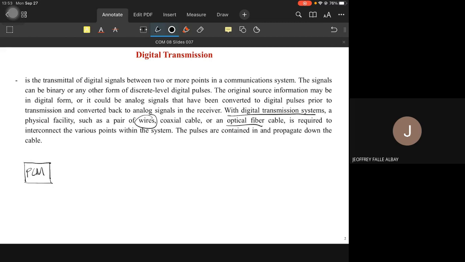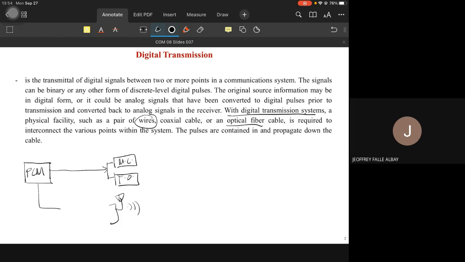If our media is either metallic cable or fiber optic cable, then at least it can be transmitted directly. But if our medium is wireless, that's different.